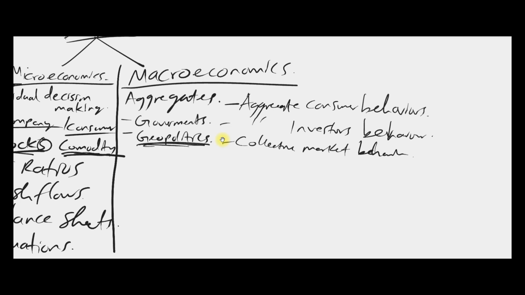This is where pandemics fall, like COVID, and wars, like what's going on in Russia, Ukraine, and France, and even peace. There has never been a period of world peace, but when you talk about geopolitics, it is mostly peace between two countries. So that's geopolitics under the macroeconomic umbrella.